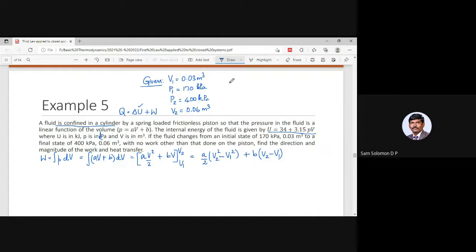And they have given you two equations. One is for the relationship between pressure and volume. The other one is for the internal energy.